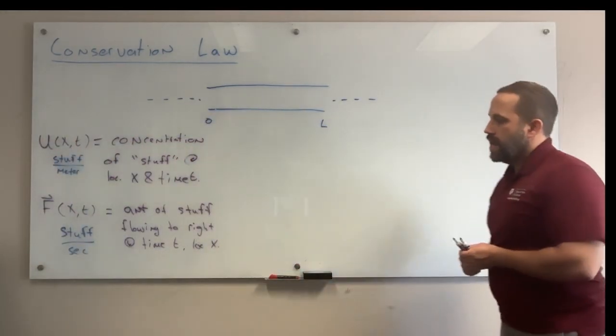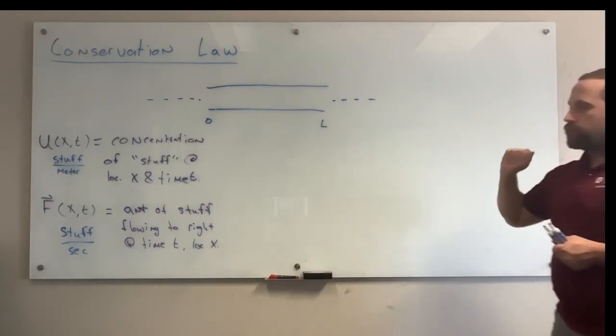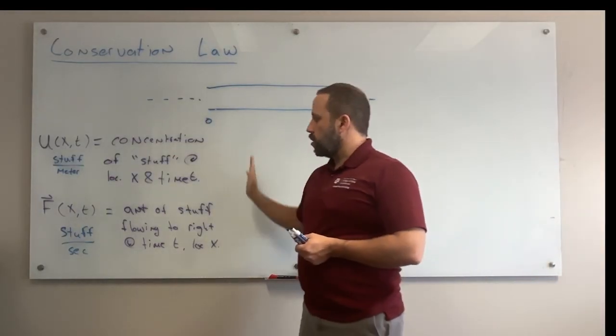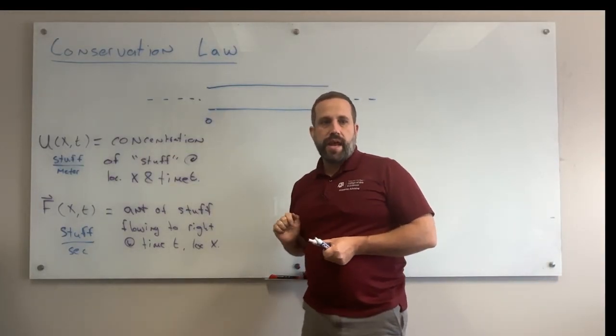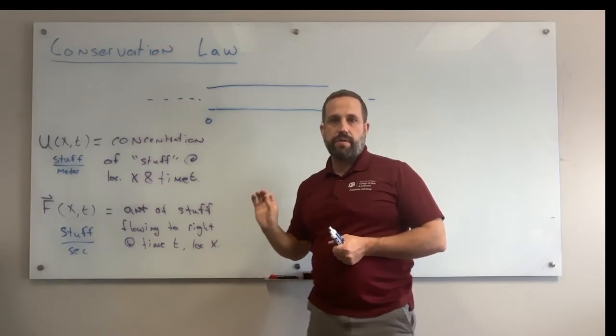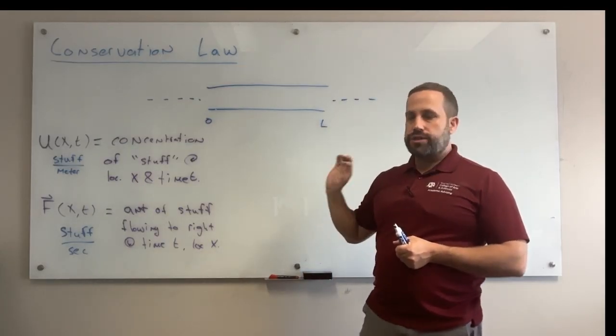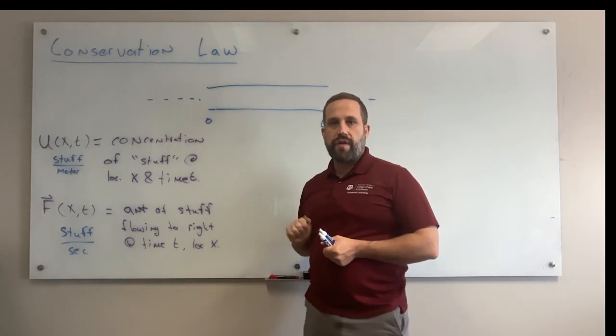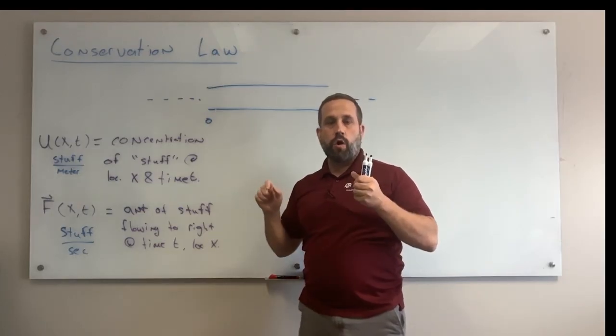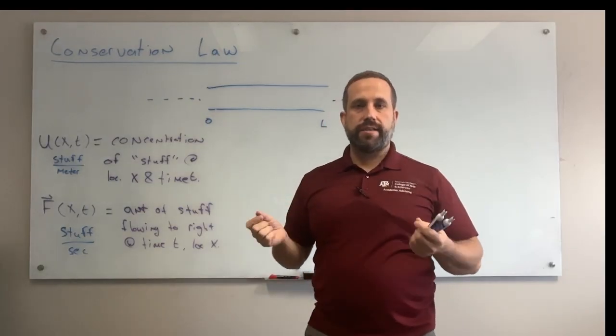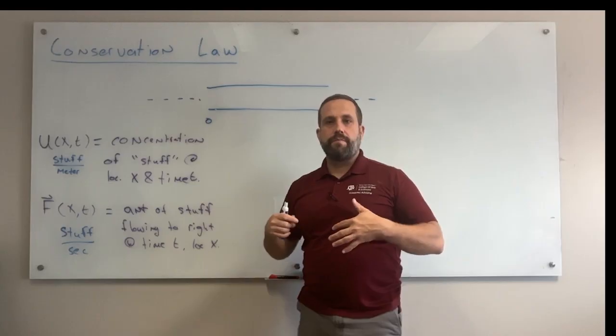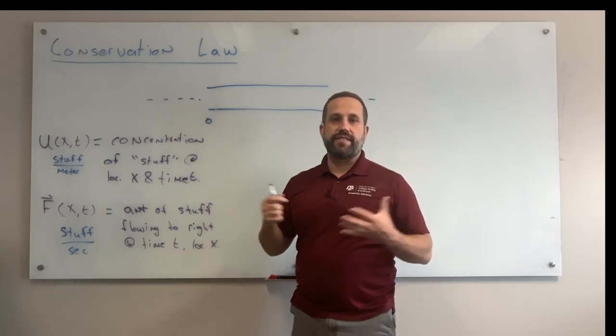Okay. And now I want to derive a differential equation that relates these two things together. Now, one important thing that I haven't said before is that we are assuming that u of x,t is called a conserved quantity. That is, it is not popping into and out of existence by itself.